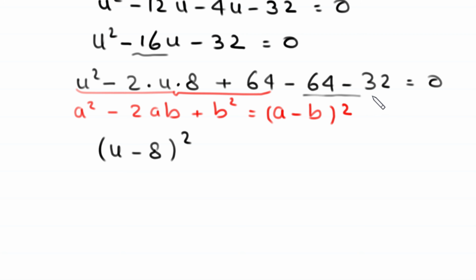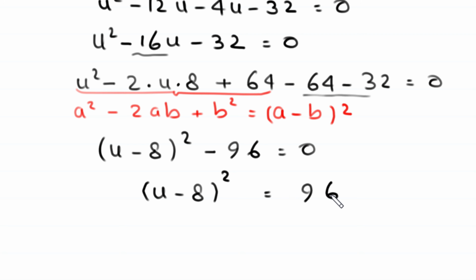Negative 64 minus 32 will become negative 96 equal to 0. Move this negative 96 to the right hand side. This will become (u minus 8) whole squared equal to 96. And if we take a square root of both sides, this implies that u minus 8 equal to plus minus root 96.